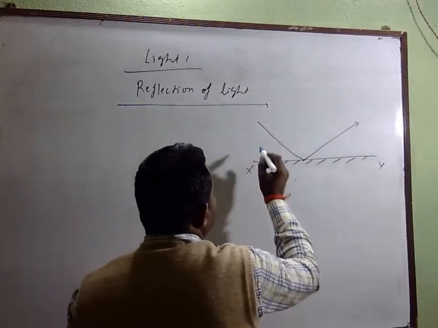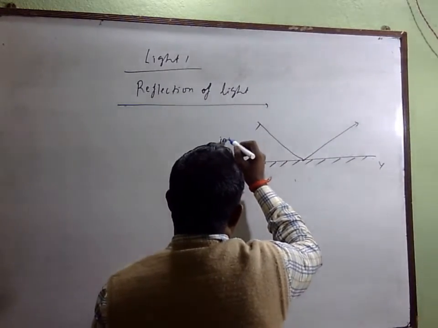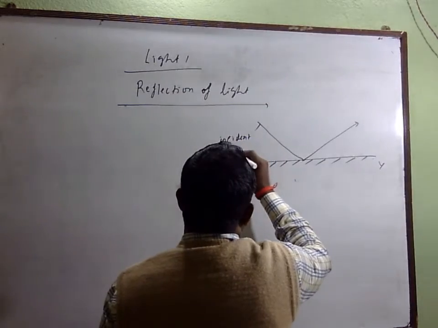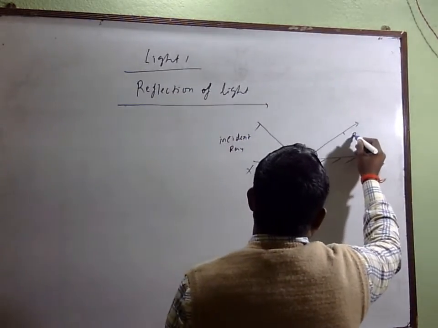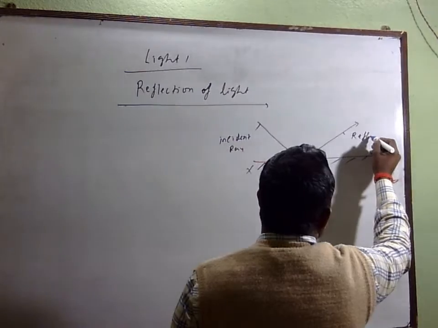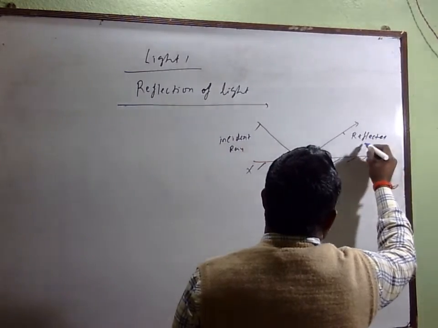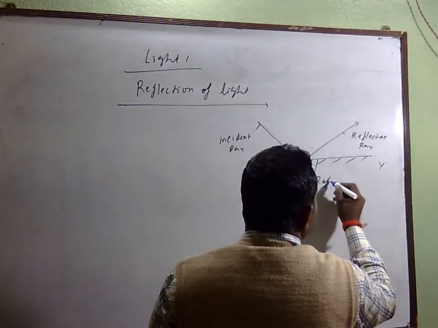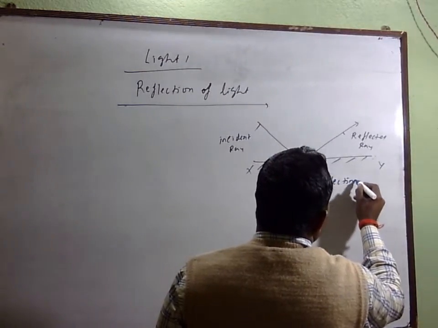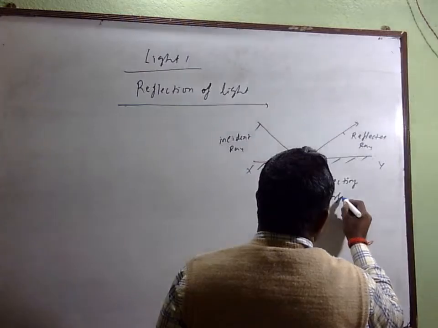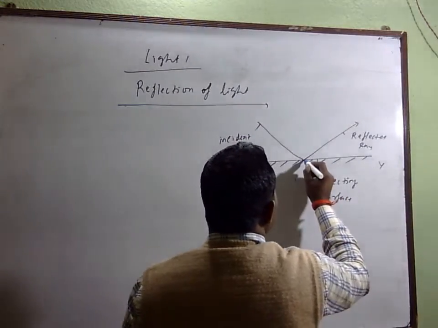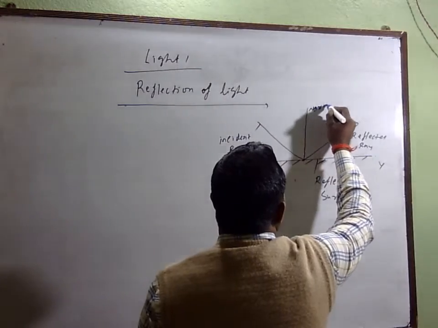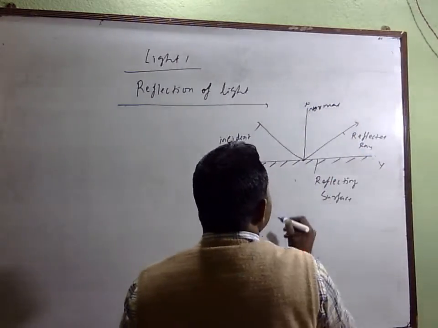This is called the incident ray, and this is called the reflected ray. This is called the reflecting surface. Now if you give me a normal here, that is called the normal.